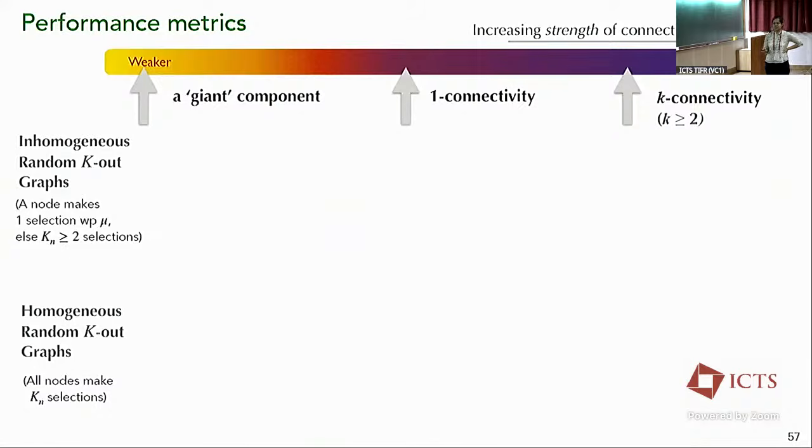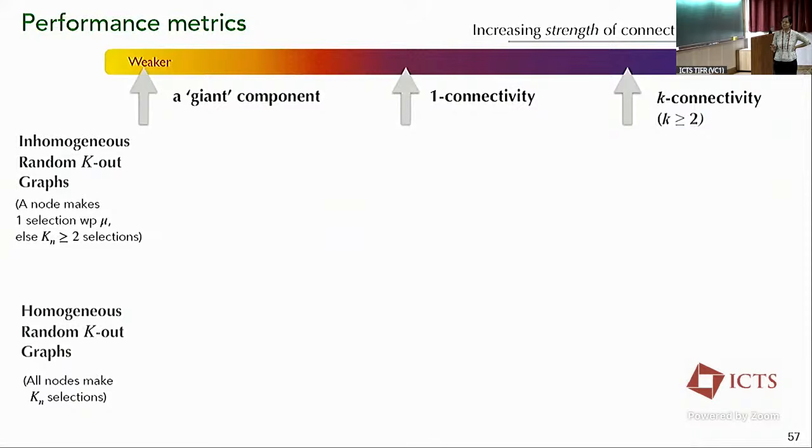Let us not make this K something that's finite. Let us in general allow it to scale with the number of nodes in the network. Then we introduced this object, which was one simple way to introduce some inhomogeneity, where each node is assigned a type. Based on the type, it determines how many selections it makes.